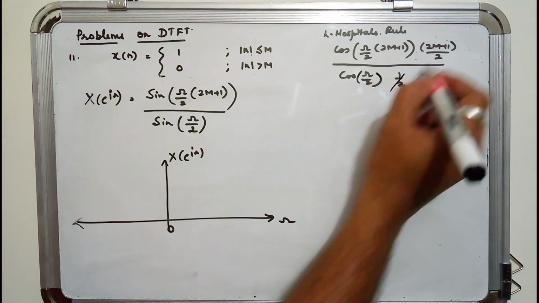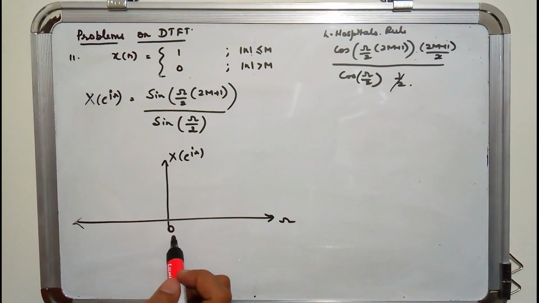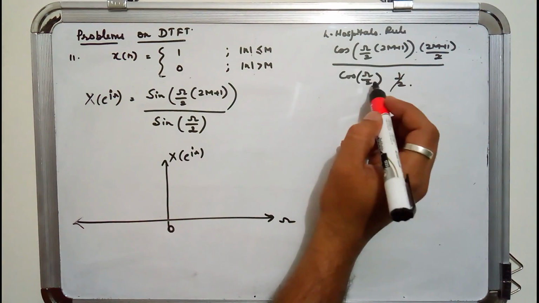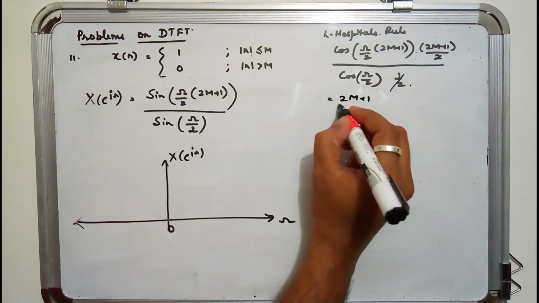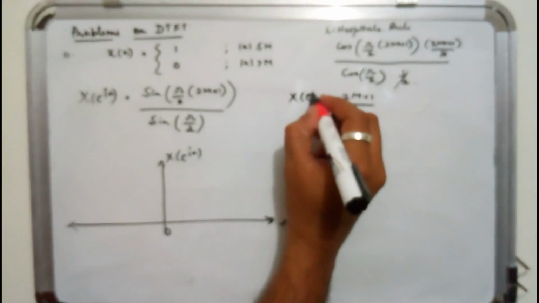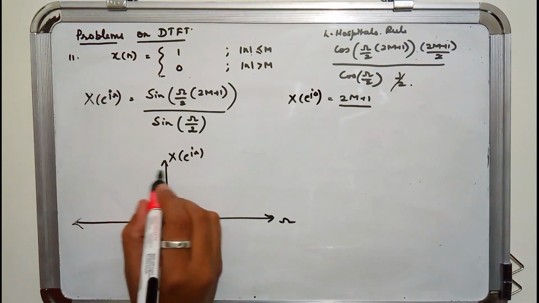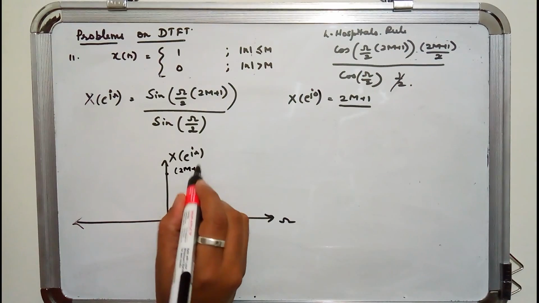So this half gets cancelled with this half. Now if I substitute omega equal to 0, you get cos 0 by cos 0. Cos 0 is 1. So what I get is 2M plus 1. So at omega equal to 0, the amplitude is 2M plus 1.